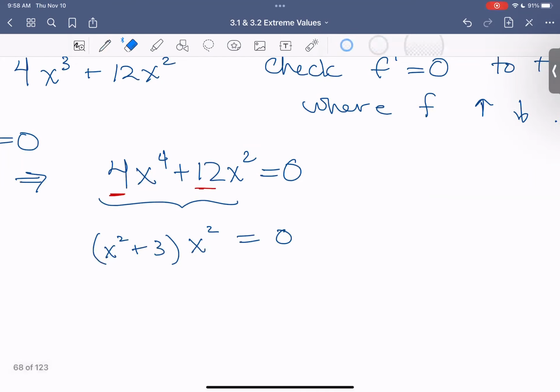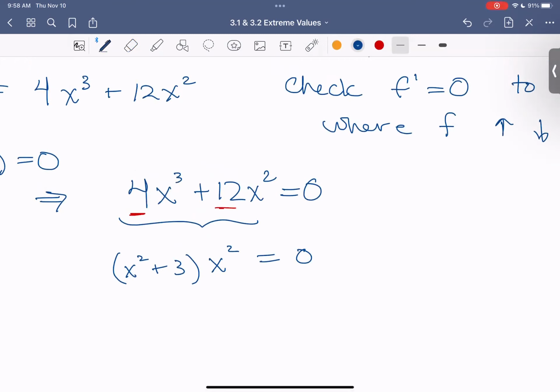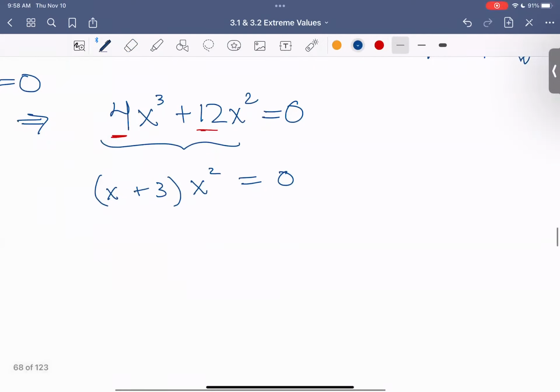I hope you caught the error I made. This is actually a 3 when we take that derivative. So this is going to be just x when we factor out an x squared. Let's clean up a little more of these errors.